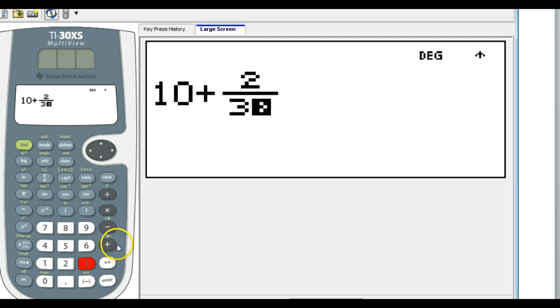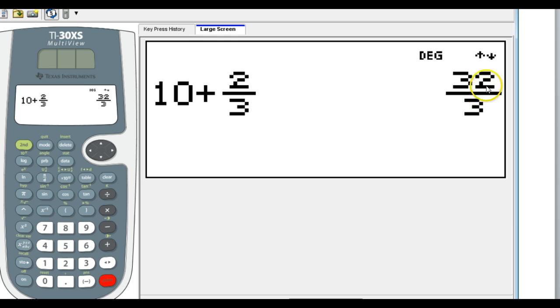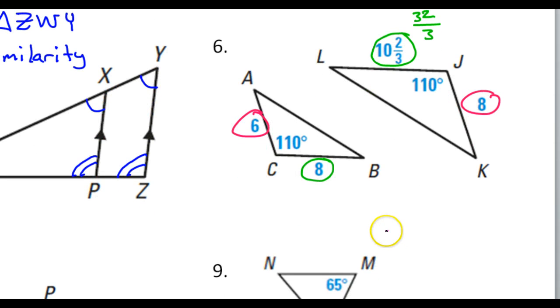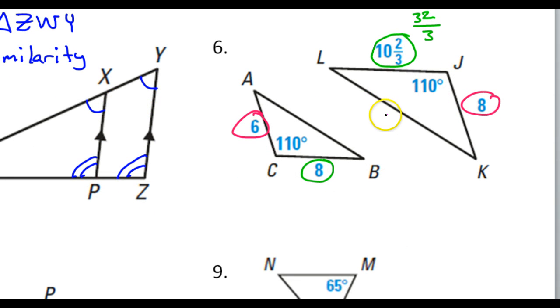That's what 10 and 2/3 means. That is 32 thirds. So this is 32 thirds. Now let's compare corresponding sides and see if we get the same ratio.